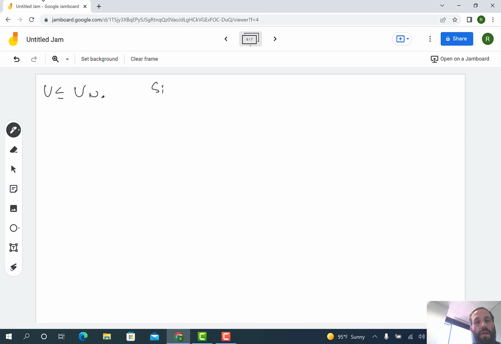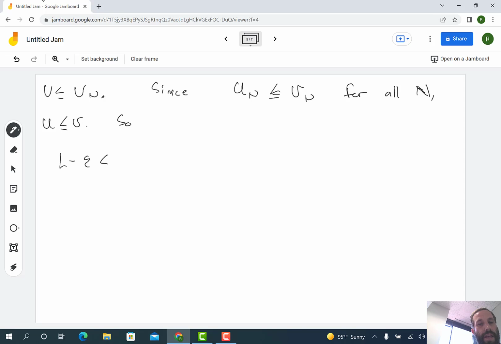Also, since U_n is less than or equal to V_n for all n, U is less than or equal to V. So putting all of these inequalities together, we have L minus epsilon is less than or equal to U_n, is less than or equal to U, is less than or equal to V, is less than or equal to V_n, is less than or equal to L plus epsilon.